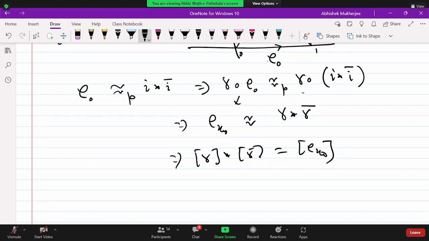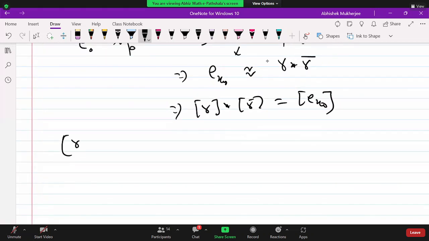In a similar way, taking the operation with the path homotopy class of gamma bar with the path homotopy class of gamma, this will be e x1. So with respect to the classes of e x naught and e x1, we are having the left inverse and right inverse.